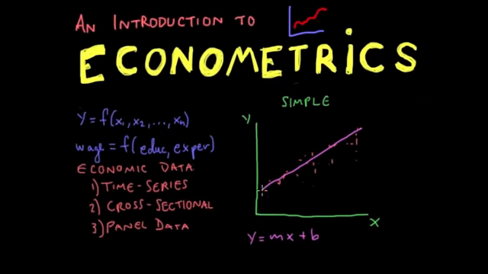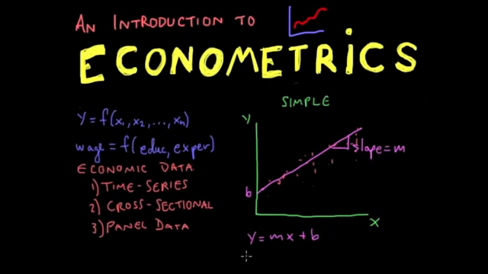So if we extend this line so it touches the y axis, then this value here would be b. And if we took the slope of the line at any point, the slope would be equal to m. So simple enough. That's basically what we're looking for.